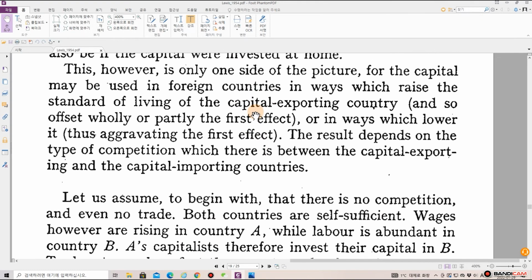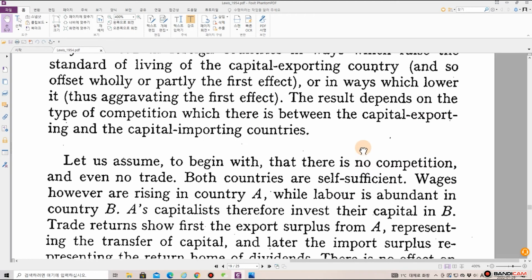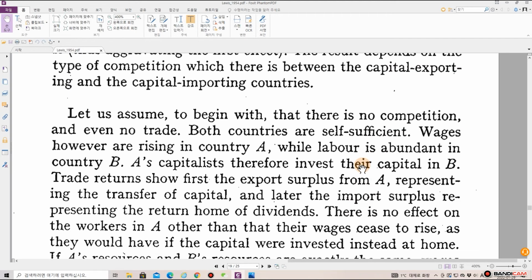This, however, is only one side of the picture, for the capital may be used in foreign countries in ways which raise the standard of living of the capital exporting country, and so offset wholly or partially the first effect, or in ways which lower it, thus aggravating the first effect. The result depends on the type of competition which there is between the capital exporting and the capital importing countries.